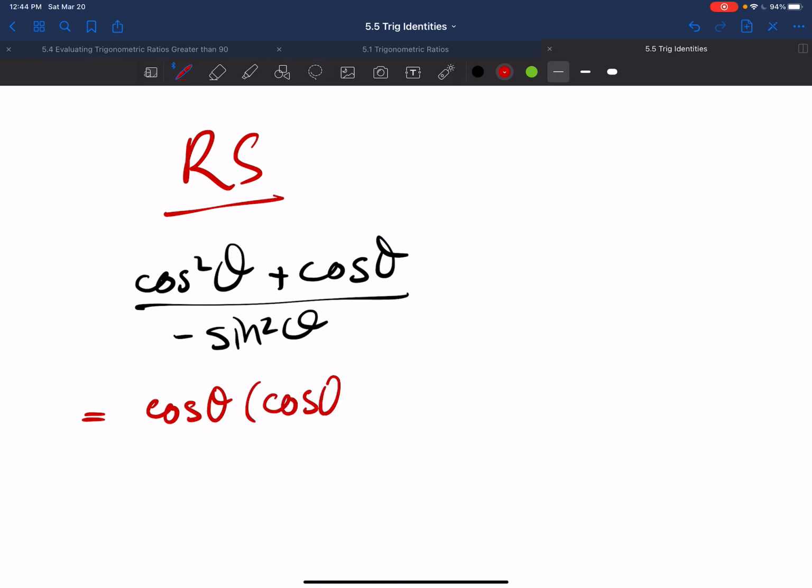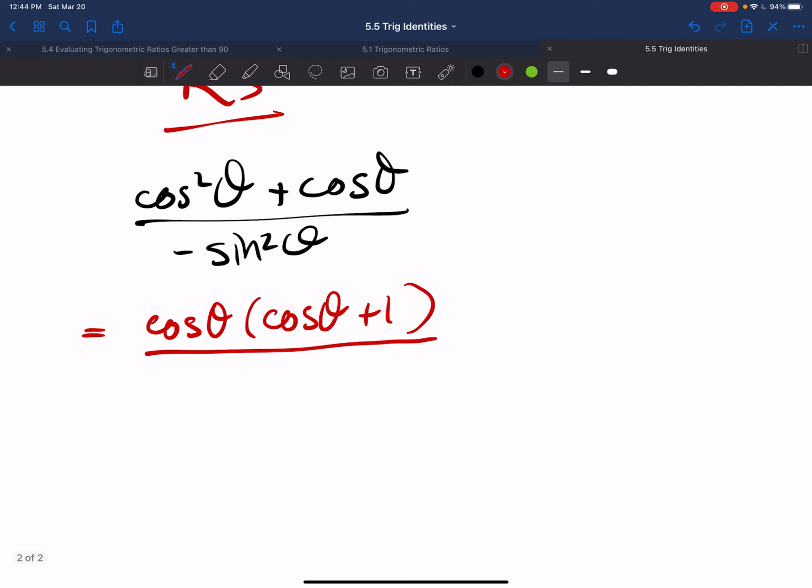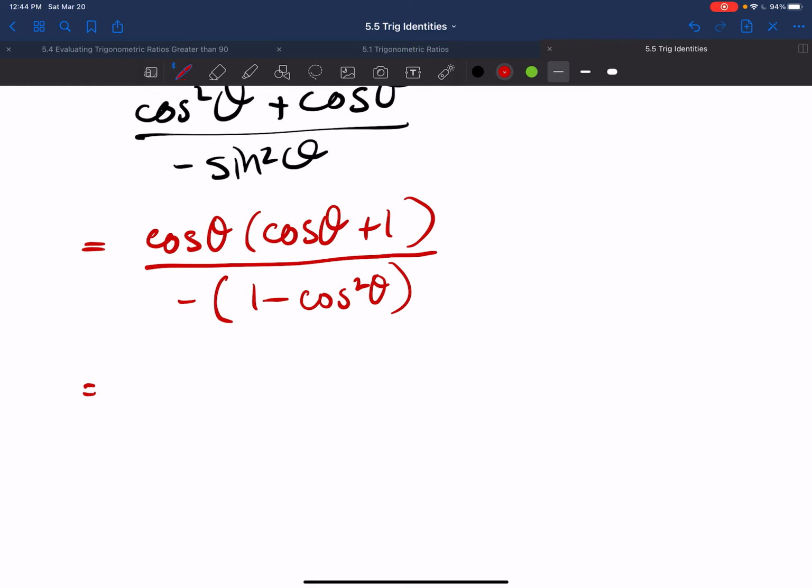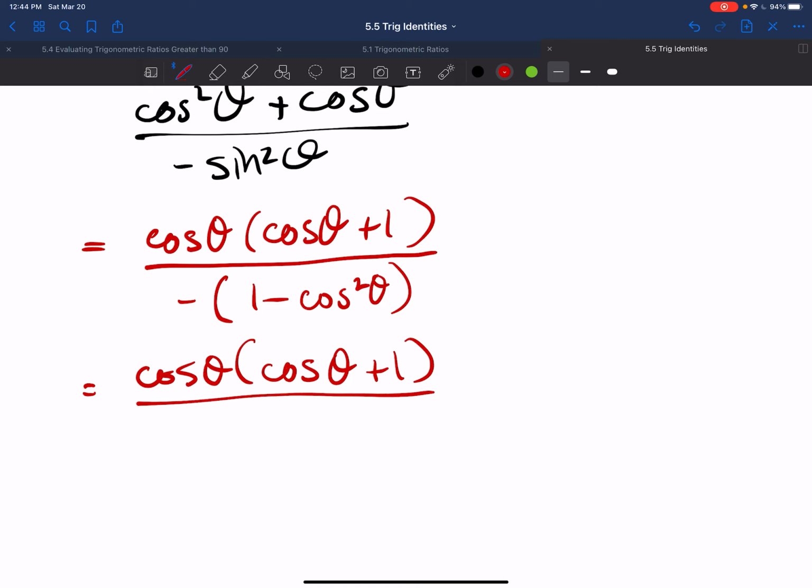So I'll have cos theta times cos theta plus 1. And then the denominator, well, that is 1 minus cos theta, right? The Pythagorean identity. So I can change sine squared theta to 1 minus cos squared theta. I can't cancel out yet, but again, just sort of thinking ahead, which comes with practice.